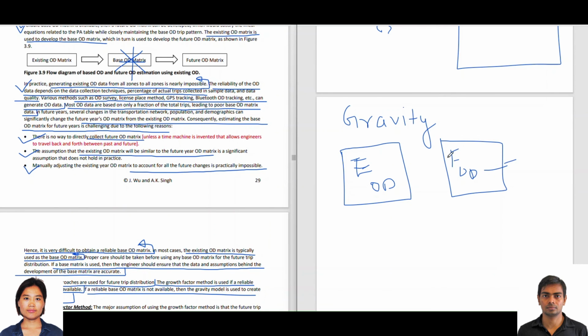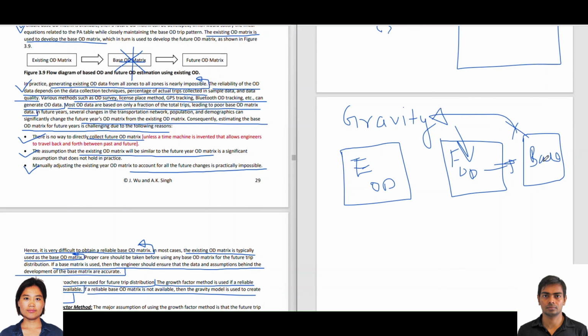So future OD is not actually the future OD, it's a crude estimation of future OD used to come up with the base OD. Typically this process is very subjective and it's not practical to adjust things to come up with future OD. So typically we do not come up with a reliable base OD and we switch to the gravity model.